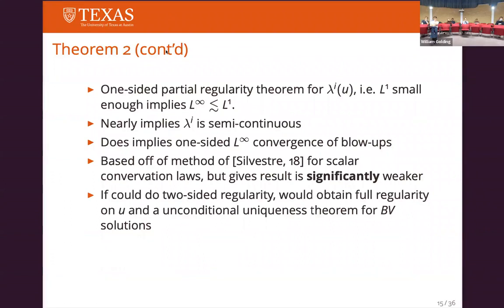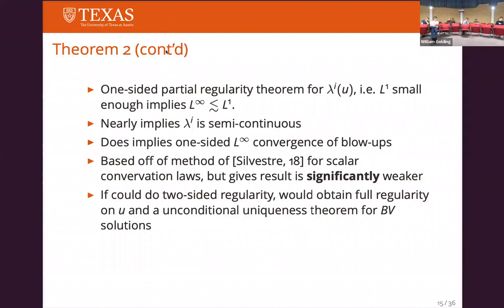One of them is upper semi-continuous, and one of them is lower semi-continuous, like almost. And it also implies that if I try and blow up my characteristic field, the blow-ups will converge in alpha. This is the main thing we wanted from it. It's not clear why that's important yet.